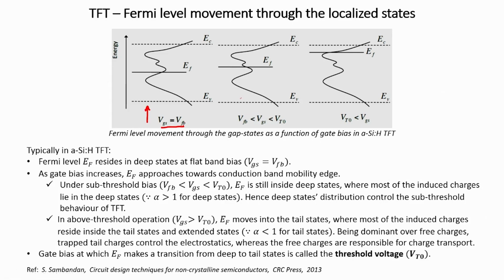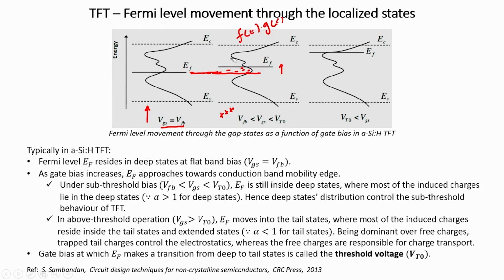Now, as we add more and more positive charge on the gate, we find that the Fermi level starts moving towards the conduction band edge, or in other words the conduction band starts bending towards the Fermi level. But since the Fermi level has now climbed up by this distance as compared to its flat band point, all these states are now filled with electrons, and that occupancy depends upon the product of the Fermi function and the density of states.